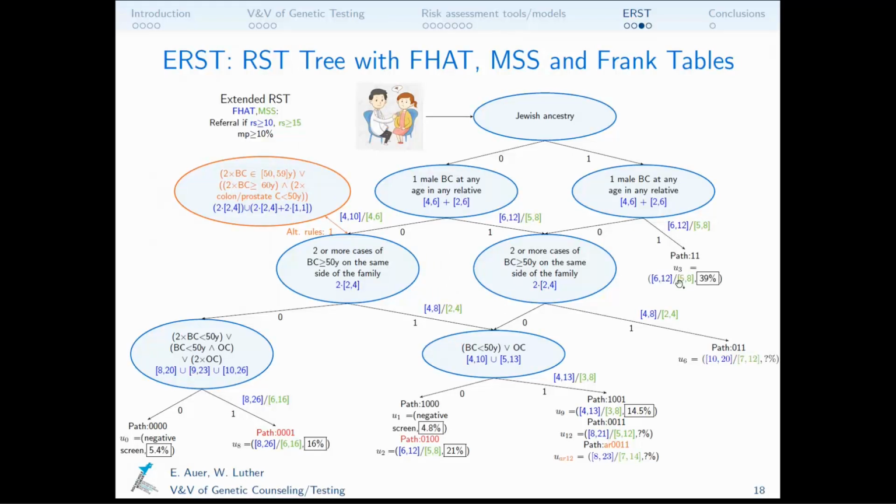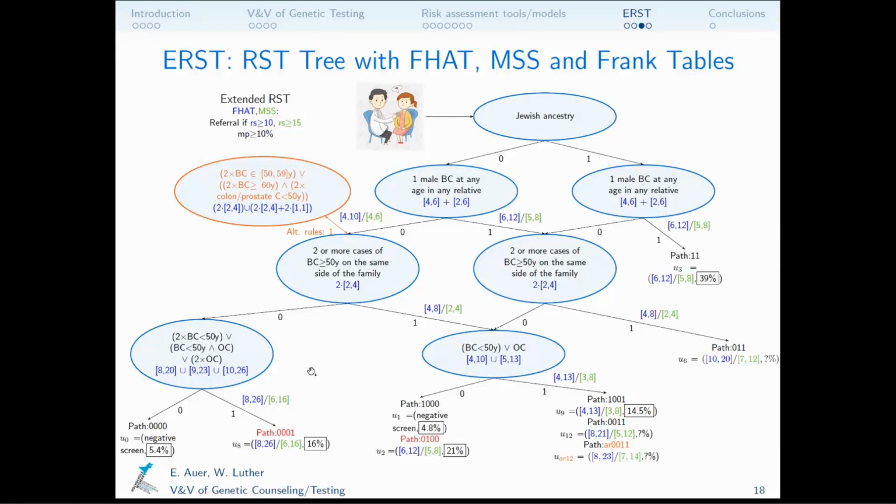So only the Manchester scoring system would not refer this patient for further screening, but all the other three tools recommend screening. That's why the patient should actually be referred for screening in this case.